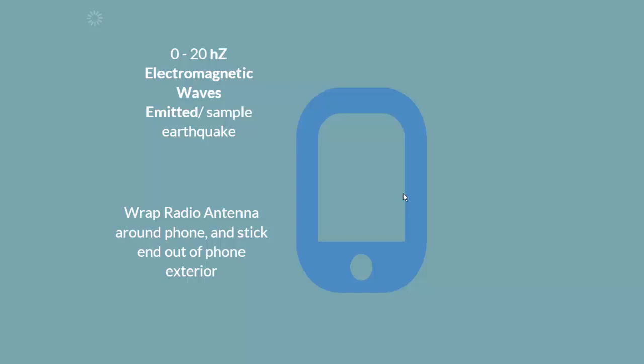Well, we know that an antenna can detect those EM waves, so we can just wrap an antenna around the base of the phone and stick a part of that antenna out so that the EM waves from the earthquake can be detected. And so that's how we utilize EM waves to detect an earthquake.